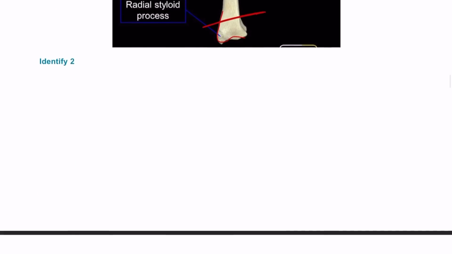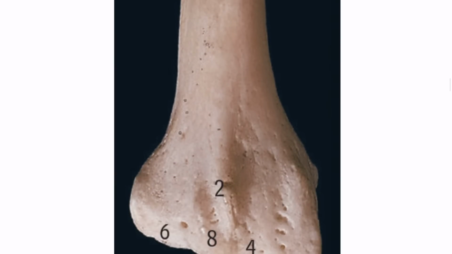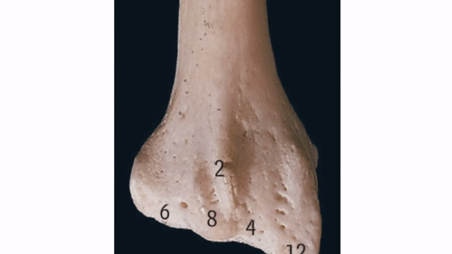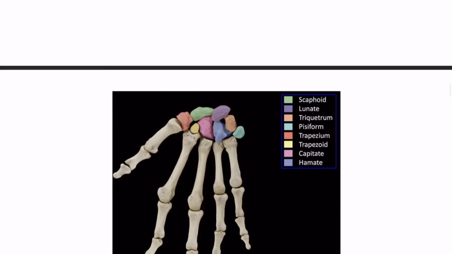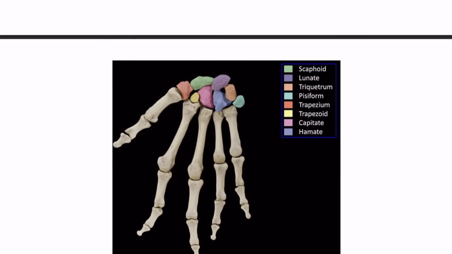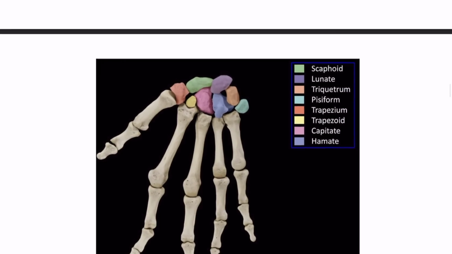Moving forward, number 2 here is called the Lister tubercle, and this is obviously the radial styloid process again. From 1 to 8, we need to identify the carpal bones.